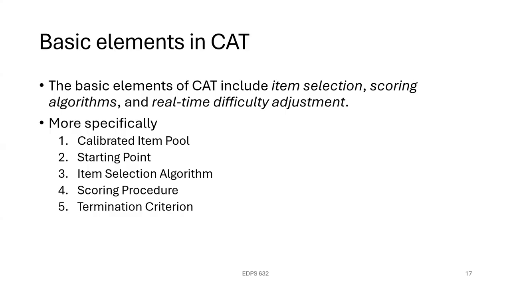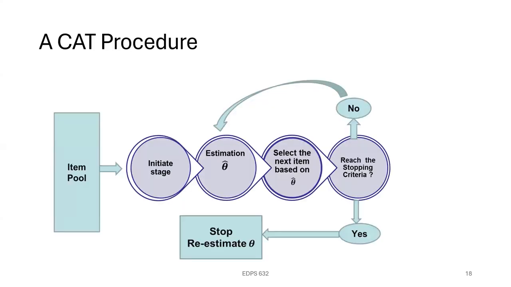Just like the diagram I showed you, the plot of two students taking an exam: when you see the difficulty level remain almost the same, the change getting smaller, then it's time for us to stop. Okay, here is the diagram. We have the item bank, we have the initial stage. You can have a best guess on the student's ability level. And then from that ability level, you select items.